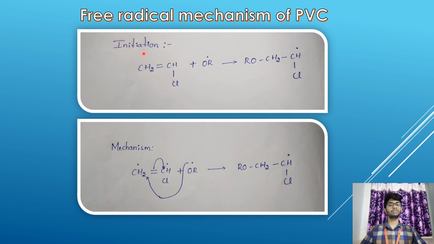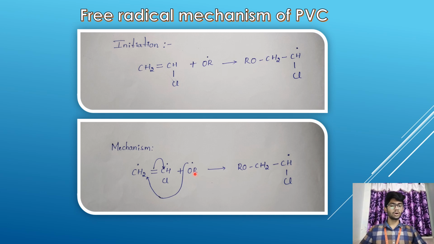Let's see the first step, the initiation step. In the initiation step, the monomer vinyl chloride reacts with the RO radical. So it forms RO-CH2-CHCl. Let's see the mechanism of the initiation step. Here RO is a free radical, and vinyl chloride contains a double bond, and that double bond breaks into a single bond, and the CHCl gets the radical.